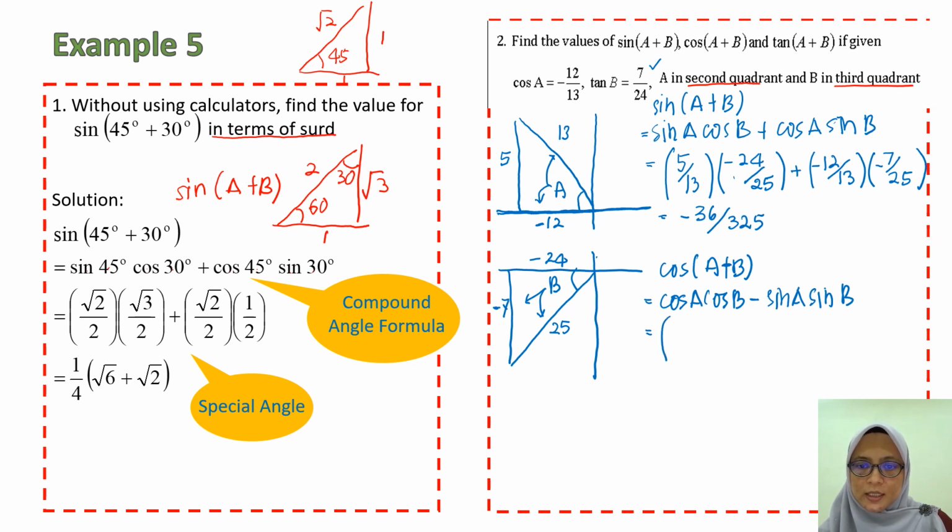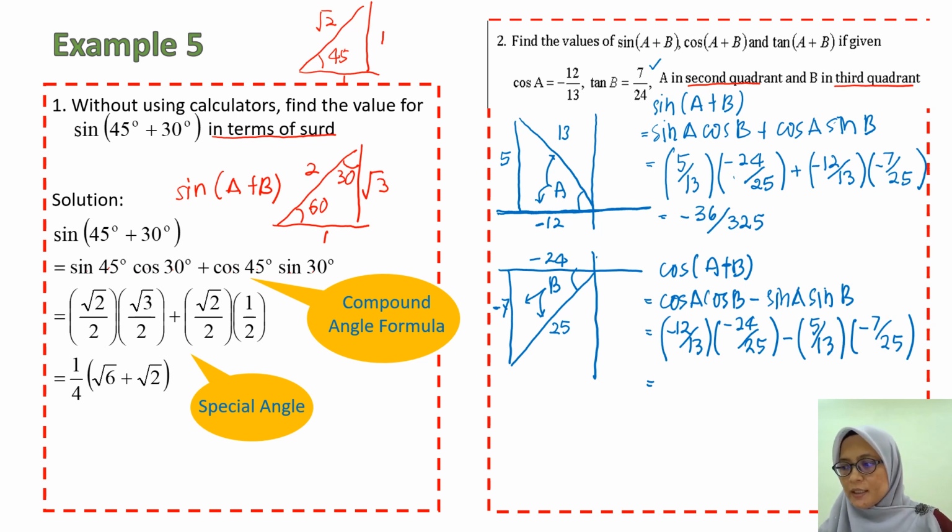Cos A is negative 12 over 13, cos B is negative 24 over 25, minus sin A is 5 over 13 and sin B is negative 7 over 25. So calculate the value, you will get 323 over 325.